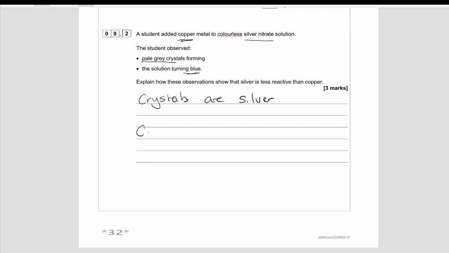The copper ions are blue. And why has that happened? Well, that's happened because copper displaces the silver, and it does that because it's more reactive.